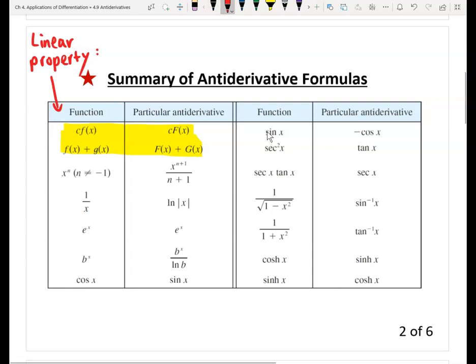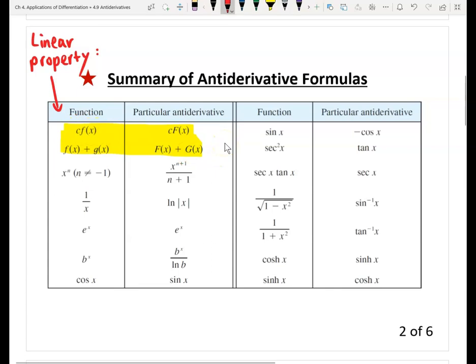Can we see? So c is a constant number, and lowercase f is a function. If capital F is a particular antiderivative of lowercase f, then c times capital F is the antiderivative of c times lowercase f. Why? Because its derivative goes to cf, right?